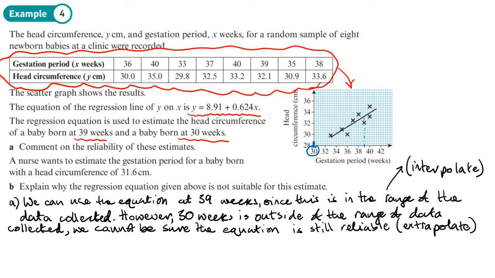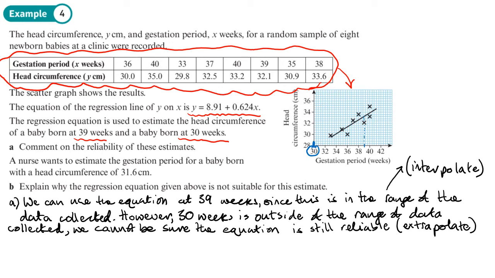Right, a nurse wants to estimate the gestation period of a baby born with a head circumference of 31.6. Explain why the regression equation given is not suitable for this estimate.